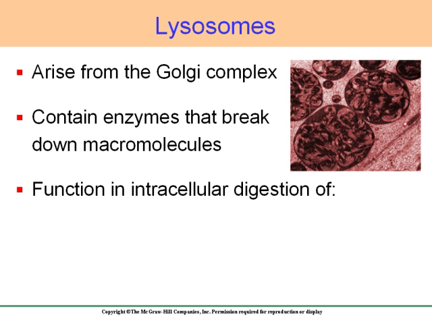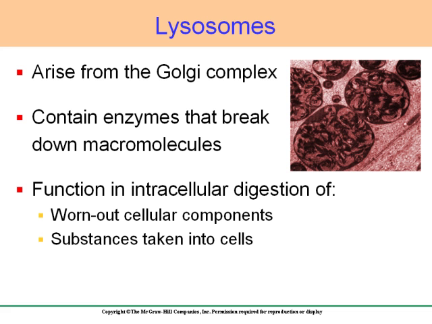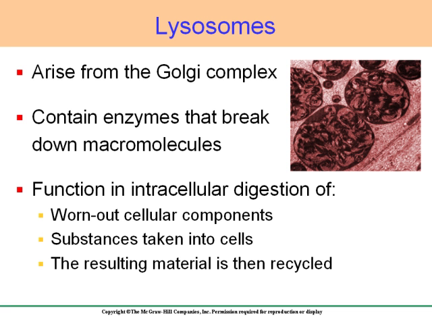They function specifically in the intracellular digestion of worn out cellular components and also substances that are taken into cells. And the resulting material from them is ultimately going to be recycled, and it can be reused in the creation of new macromolecules.